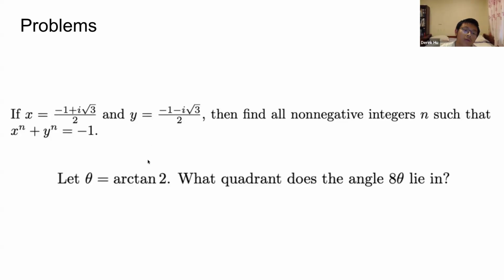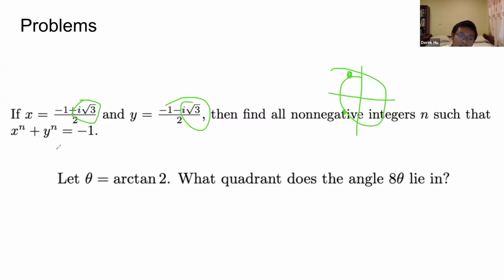Okay, so for the first one, notice that x and y are reciprocals of each other, and these imaginary parts cancel out. Notice that n equals 1 is already a solution. If we plot these on the grid, notice that these are also third roots of unity. This one's x, this one's y.